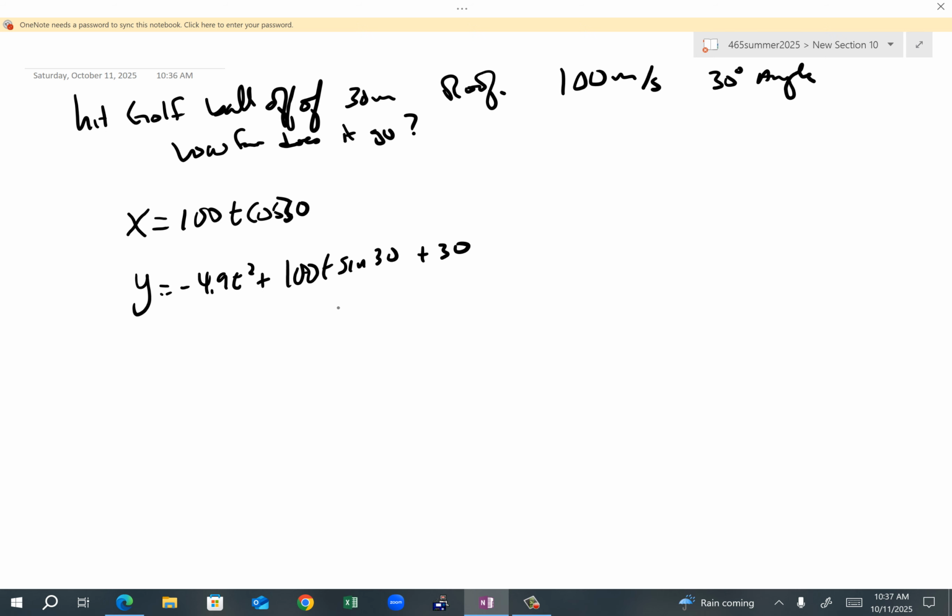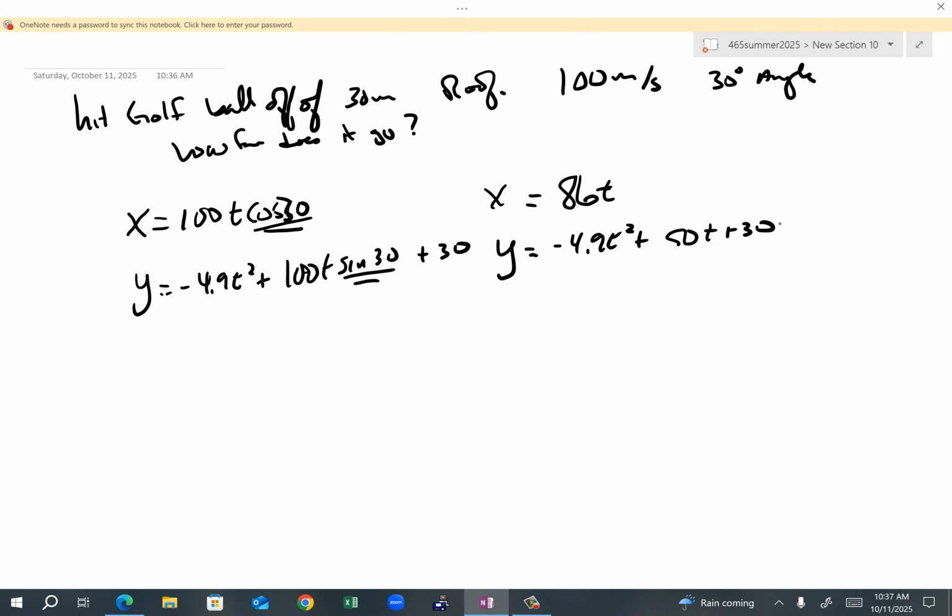Now, cosine of 30 is about 0.86, so x equals about 86t. That's how fast we are moving in the x direction. Every second, we will have traveled 86 meters downfield. Now, y equals negative 4.9 t squared plus, sine 30 is a half, so 50t plus 30.